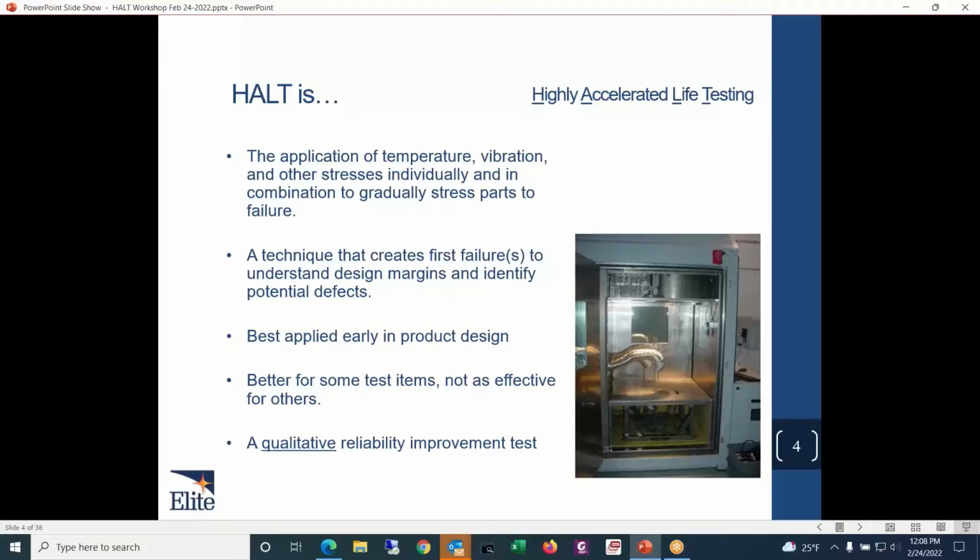Typically, it's a pretty effective test for electronics. It's an effective test for connector interfaces. It's less of an effective test for large structural products. And it's mostly because of the nature of the vibration that's produced by this machine, the character of that vibration. And lastly, HALT is very much a qualitative reliability test.